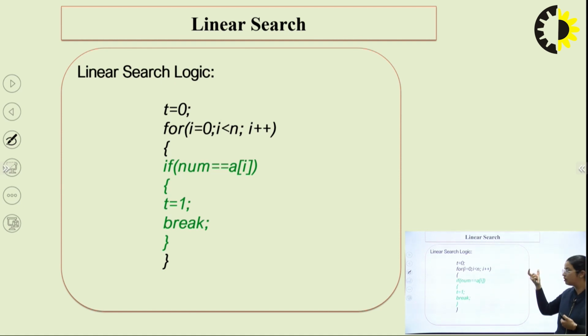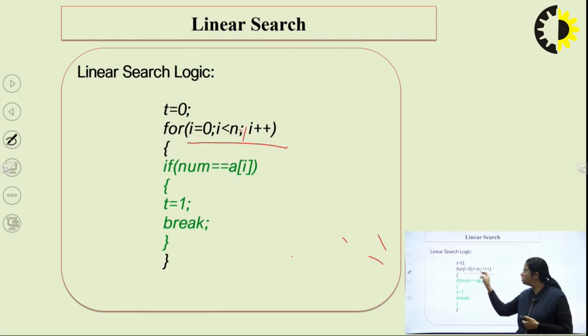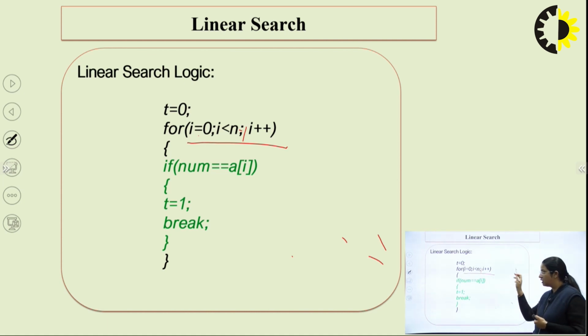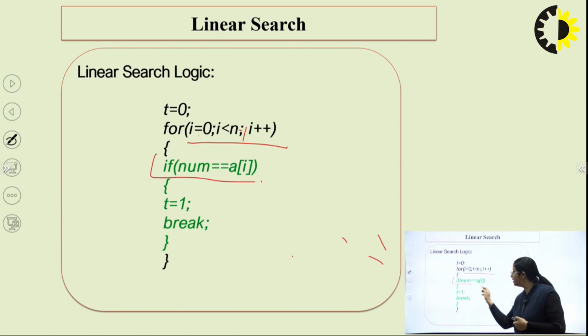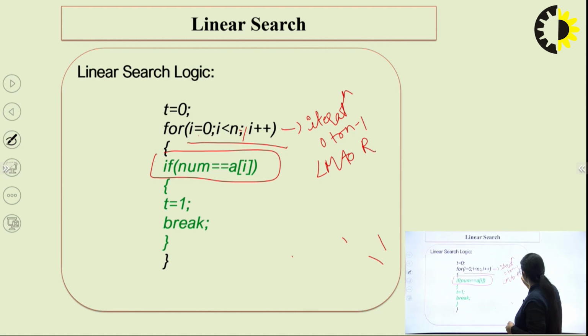Now I have the logic here. This is the iteration, from i = 0 to n-1. Sorry, there is one correction: our loop starts from i = 0 to n-1. This is the iteration, from leftmost to rightmost, and this is the comparison.